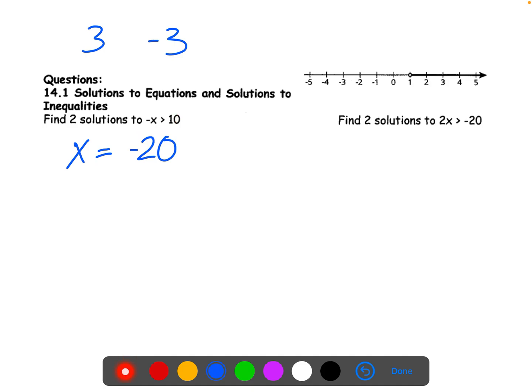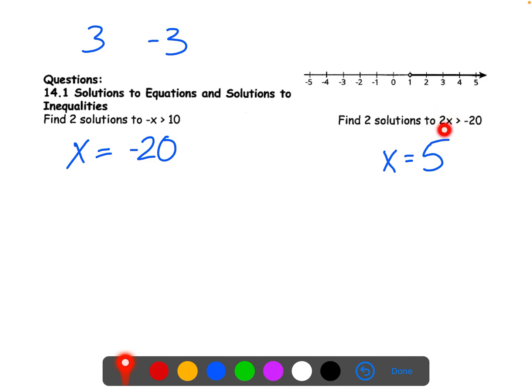Okay, for the next one, we have 2x is greater than -20. Whatever my x value is going to get multiplied by 2 to be larger than -20. Well, I can see that just about any positive number is going to work here. If I say x is equal to 5, 5 is going to get multiplied by 2.